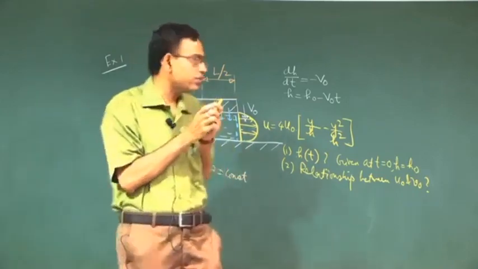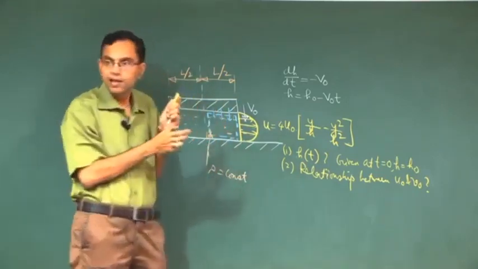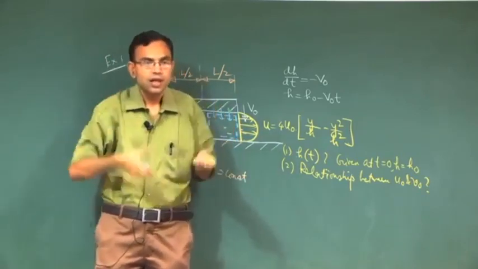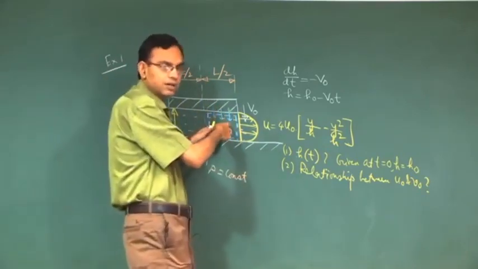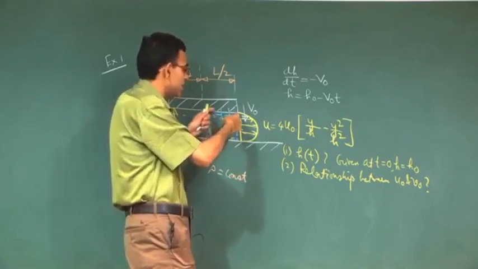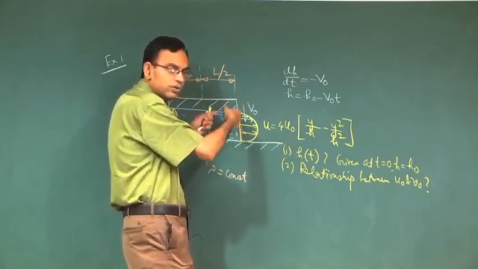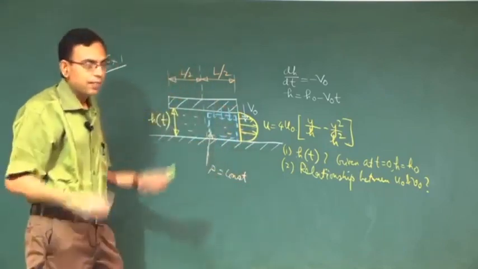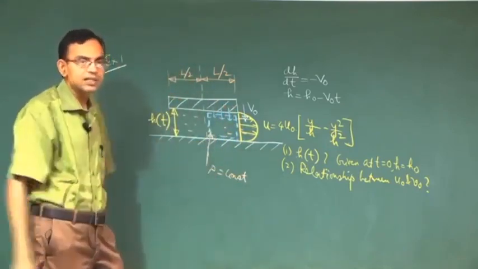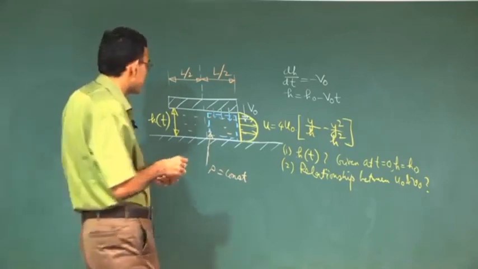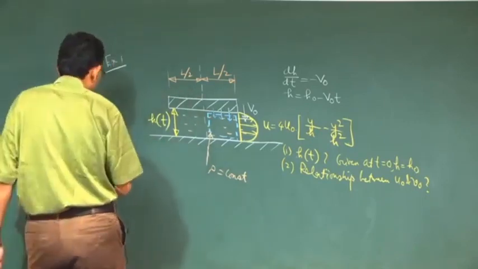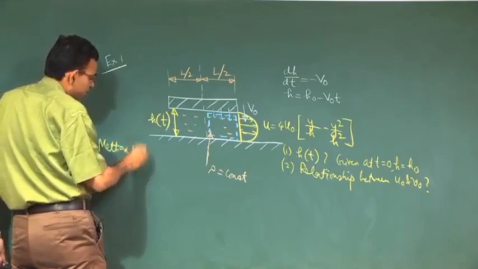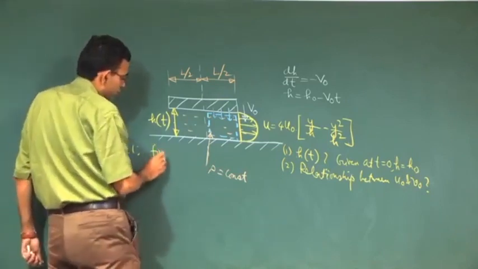One is a control volume like this which is fixed, another is a control volume which is moving with the plate. Drawing wise they will not look different, because you cannot draw a moving control volume dynamically in a static picture, but we have to imagine the two cases differently. So the first method, we will consider that fixed control volume.